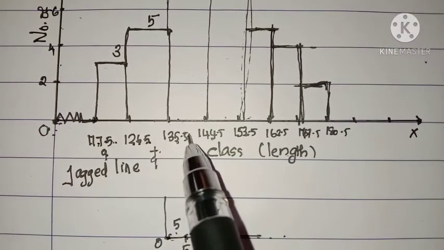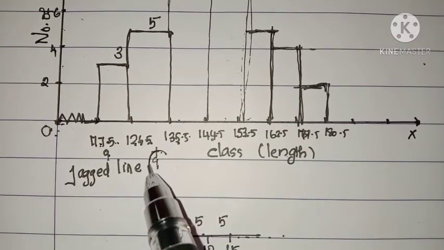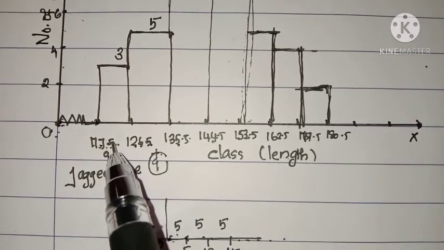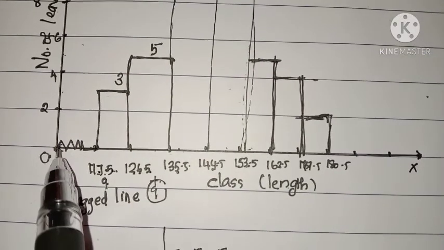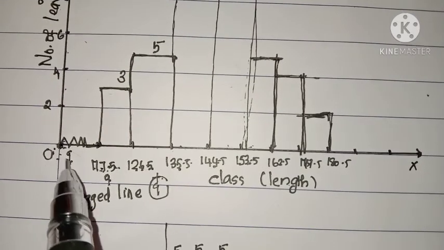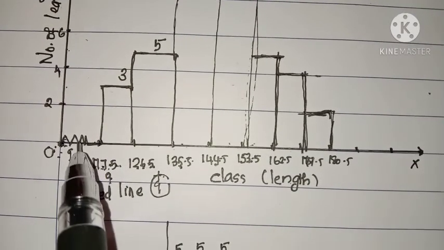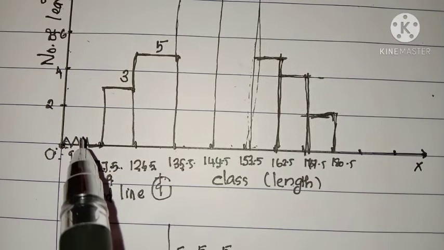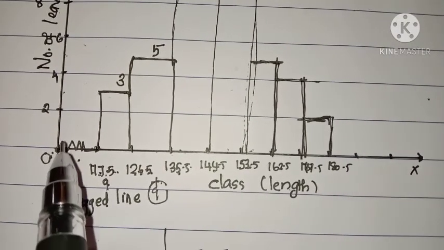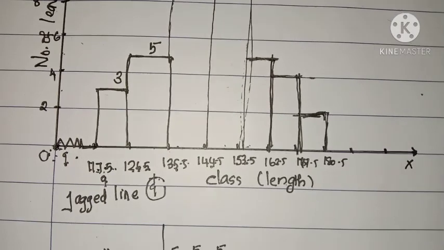So all these limits have the same difference. So in between 0 and 117.5 you can see that from 0 to 9, then 18, etc., a lot of numbers are existing. That's why we are writing this zigzag line or jagged line.